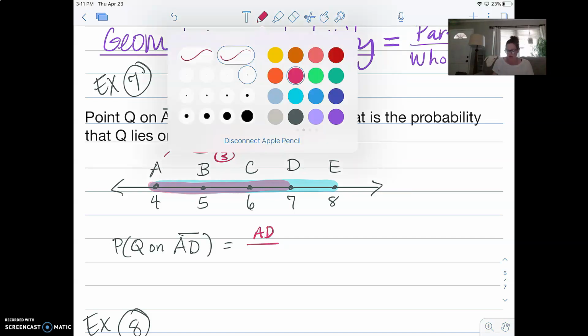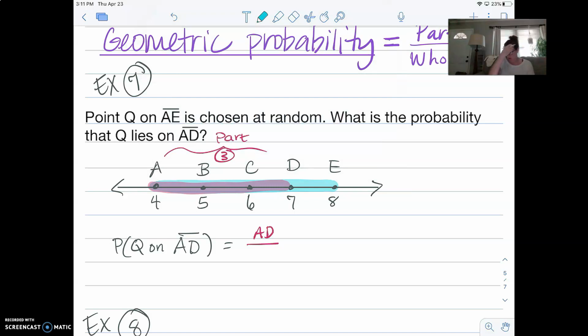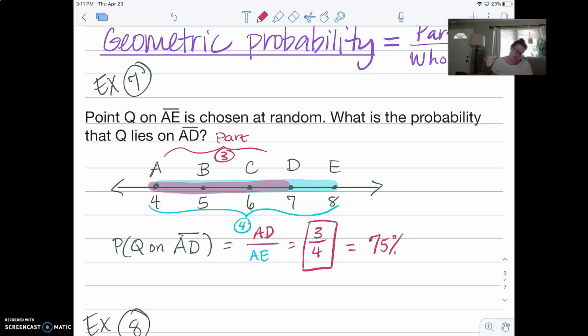And we're going to put that over my whole, which is AE, the whole segment. And again, you can count or you can subtract. 8 minus 4 is 4, right? So pretty simple solution there. 3 over 4 is my answer, or 75%, or 0.75.